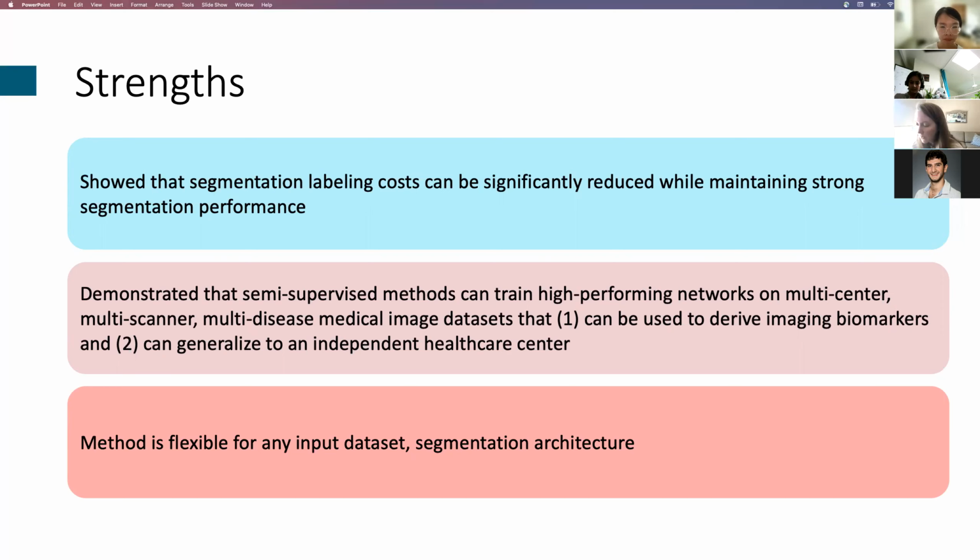And so we're able to see that the semi-supervised methods that work pretty well in distribution also extended well to these clinical metrics and to data sets from different healthcare centers. And then lastly, it's a pretty flexible method. As long as you have some labeled and some unlabeled data, all we do is manipulate augmentations and loss functions. So you can use any type of input data, any segmentation architecture that you like, or that is suited to your specific segmentation task.